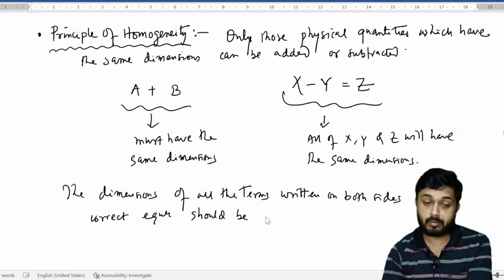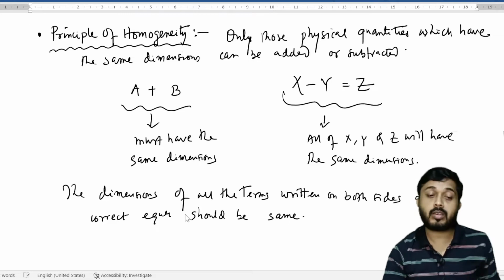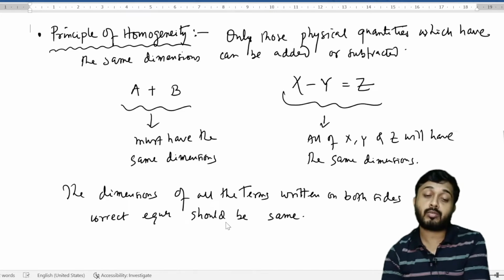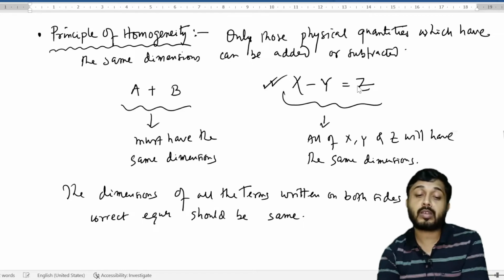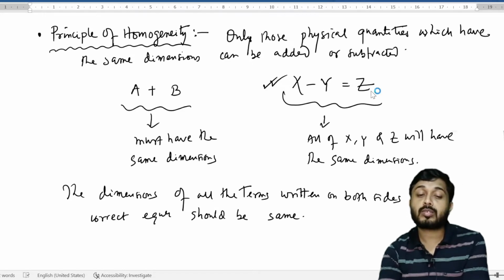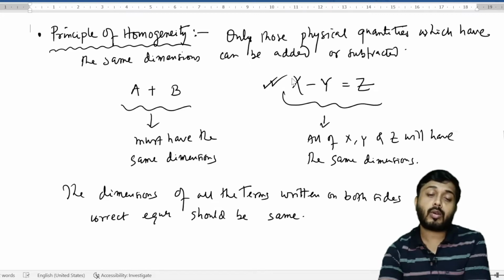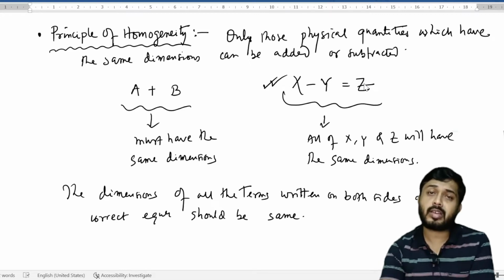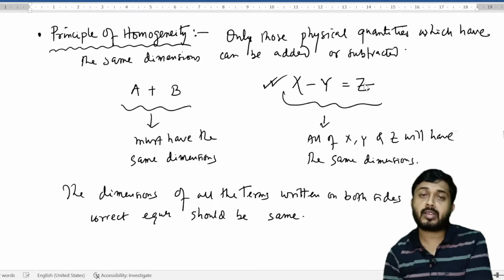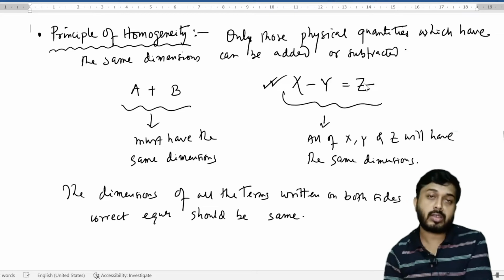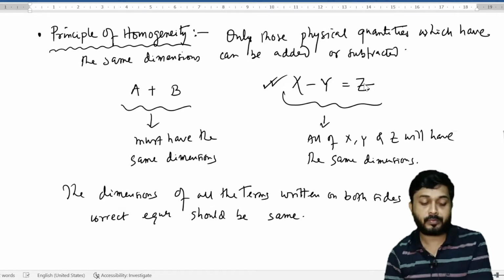That is what I told you for the equation x minus y is equal to z, because on both sides the terms which are written are x, y and z. So the dimensions of all of these three quantities x, y and z have to be the same. That is an essential condition for this equation to be a dimensionally correct equation.